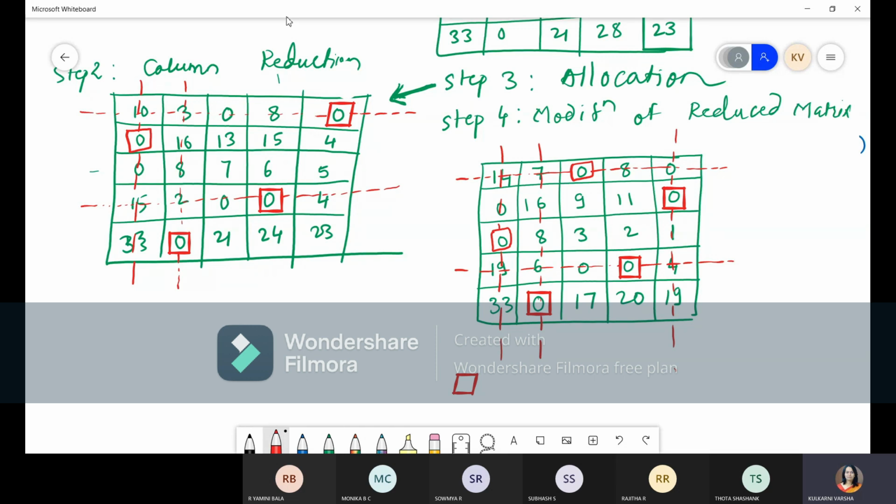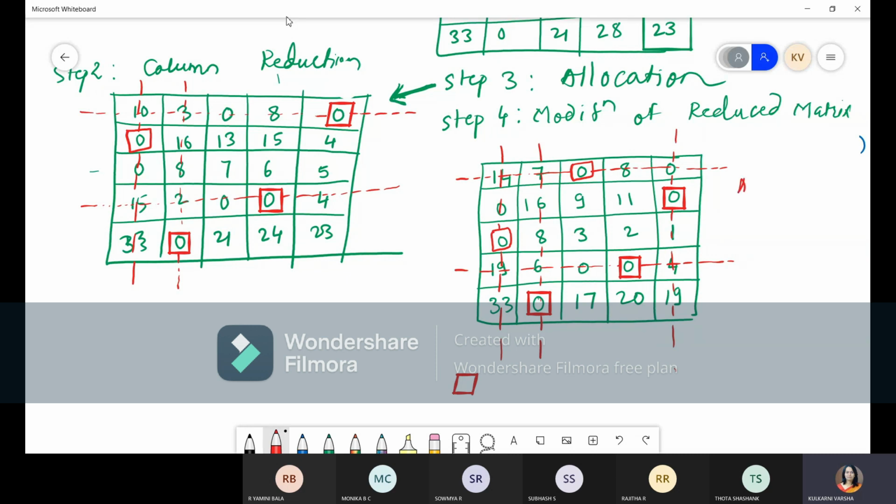And then go for the next column, no zeros, next column, no zeros. Now, you can see that there is no zero left out. So there is no possibility of any allocation, right? All the zeros are either allocated or got cancelled. So just see how many allocations are there. 1, 2, 3, 4, 5. What is the order of matrix? 5 by 5. Order of matrix is also 5.